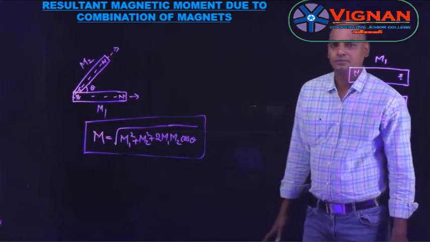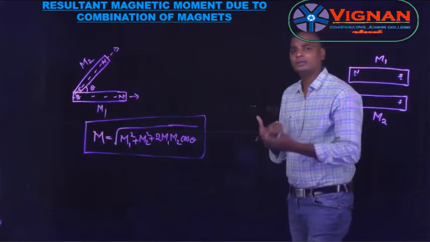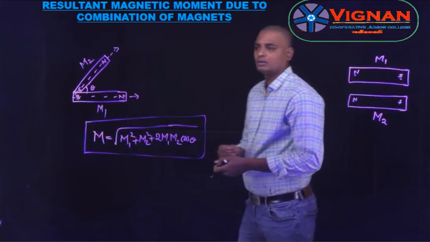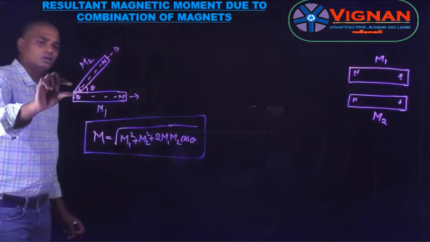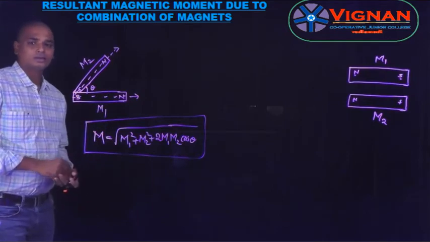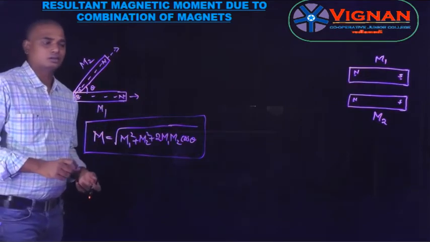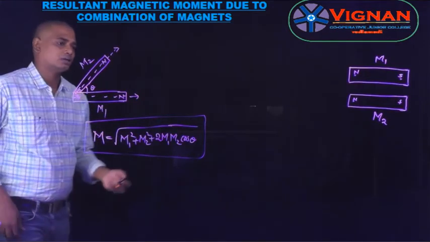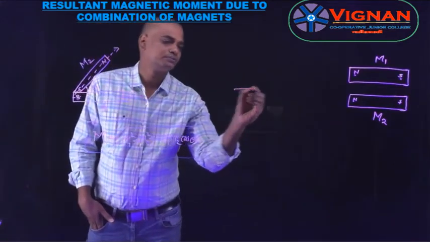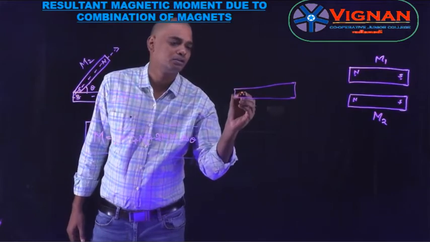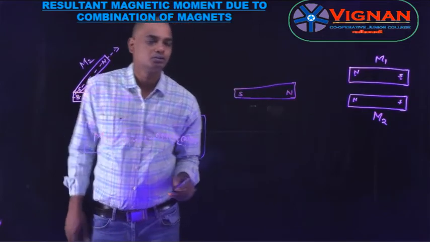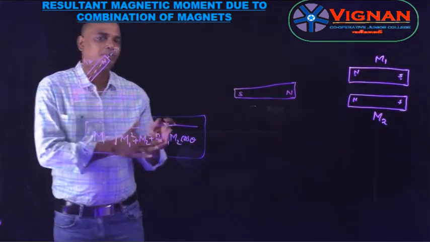What happens if unlike poles touch each other? In the first case, we discussed that two like poles are joined, touching each other. Now let us see the second case. This is the first magnet, south pole and north pole. In this second case, unlike poles are touching each other.